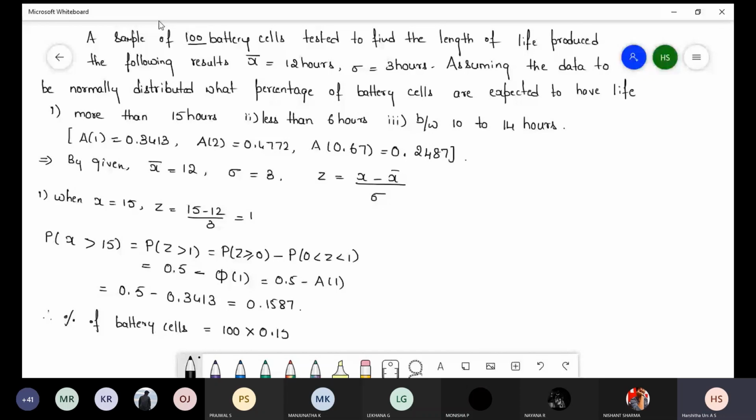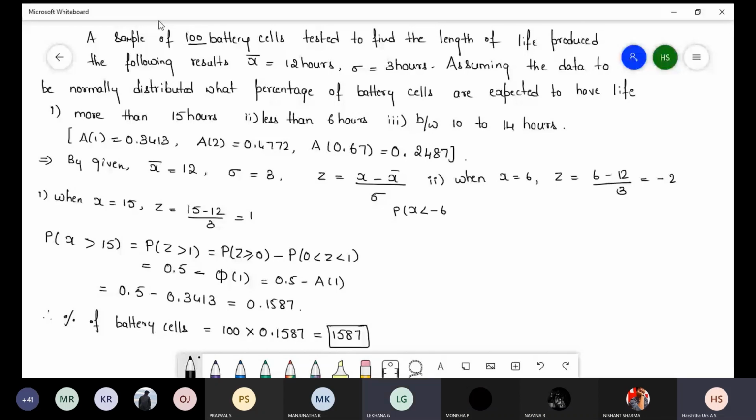Next, the second one. Here when x is equal to 6, z is equal to 6 minus 12 divided by 3, so we get minus 2. So P of x less than 6 is equal to P of z less than minus 2.